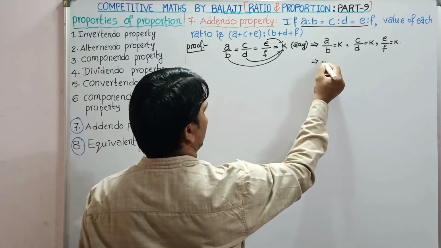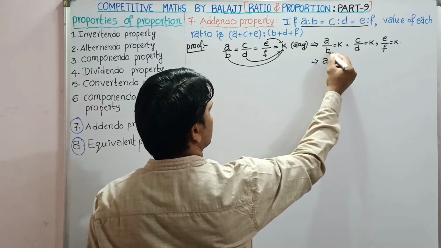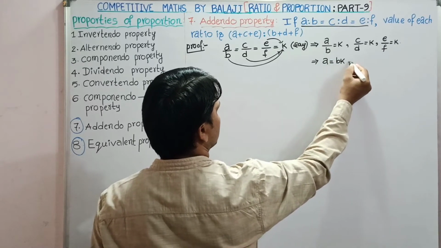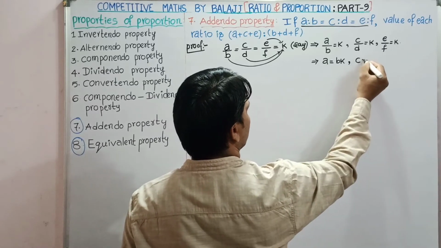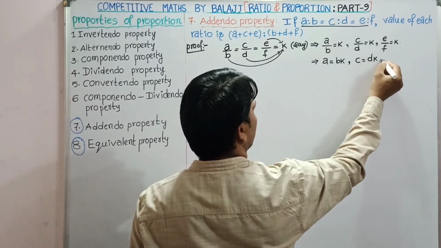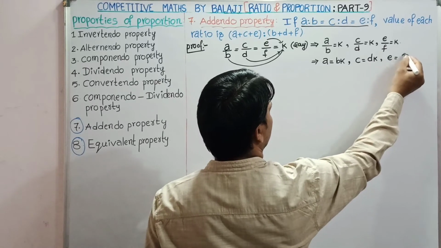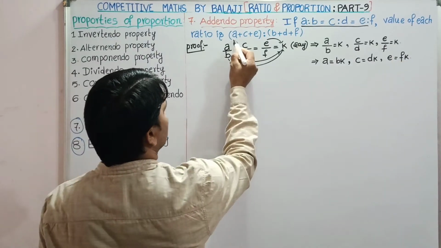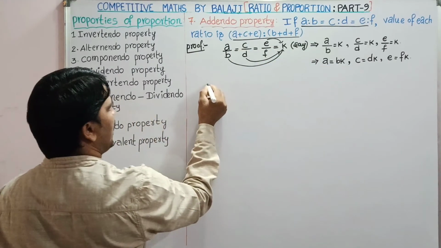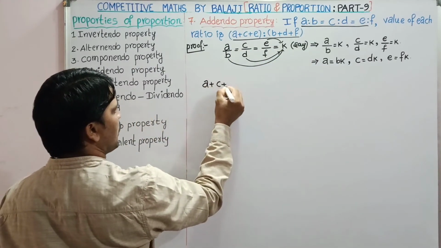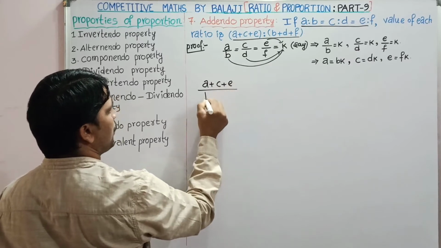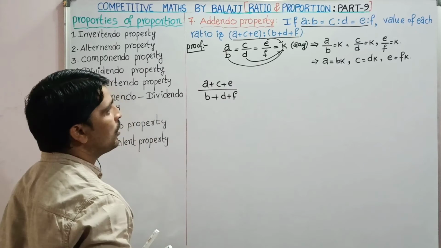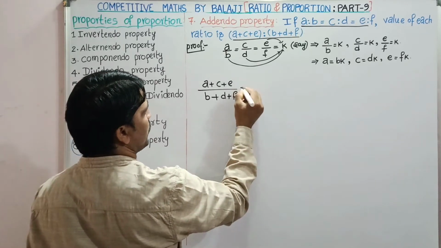That implies A equals what? Transferring the denominator from LHS to RHS, it becomes a multiplying quantity. That is A equals BK, C equals DK, E equals FK. Now consider the ratio A plus C plus E by B plus D plus F, as every ratio can be written in the form of a fraction.